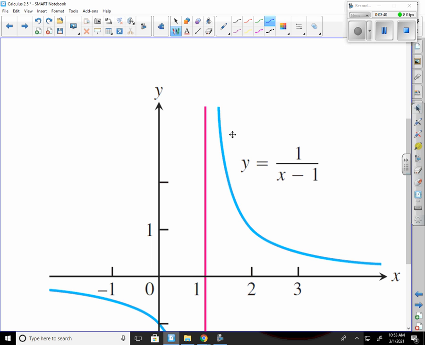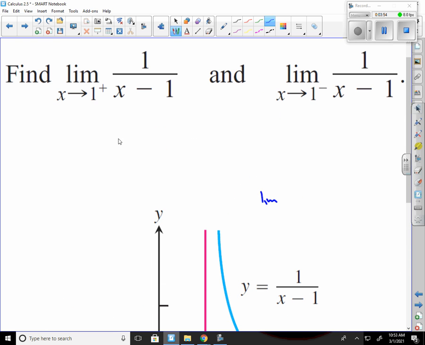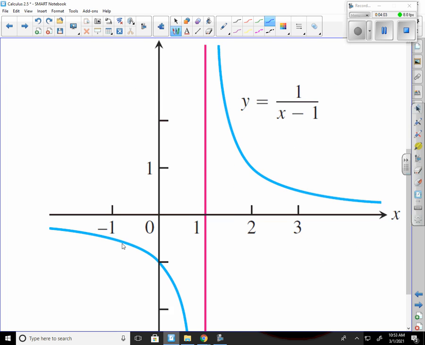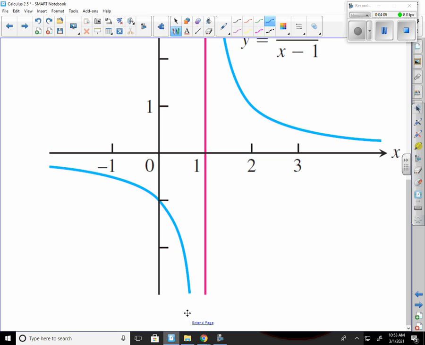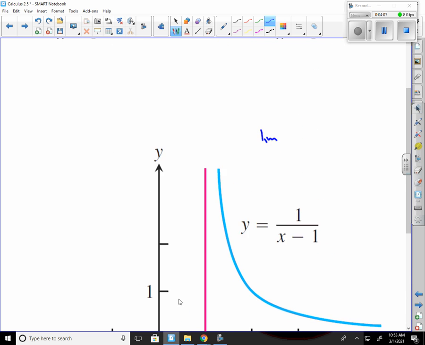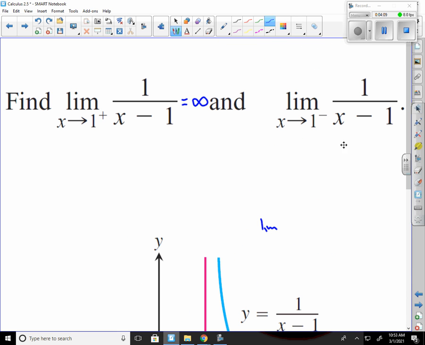If I look at this one from the right, if I look at my limit as x approaches 1 from the right, my y just keeps getting higher and higher. So my limit as x approaches 1 from the right is going to equal infinity. If I look at it from the left, it's going lower and lower forever. So this is going to be -infinity.